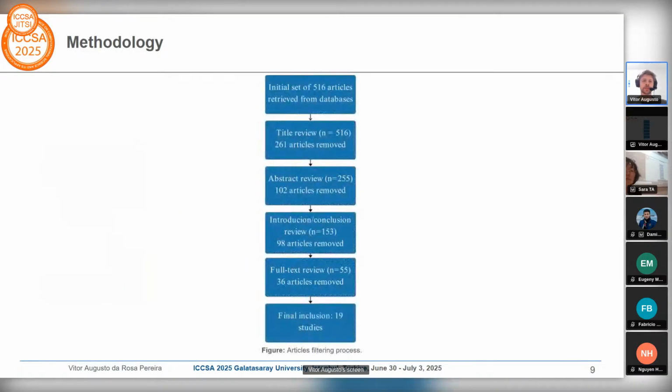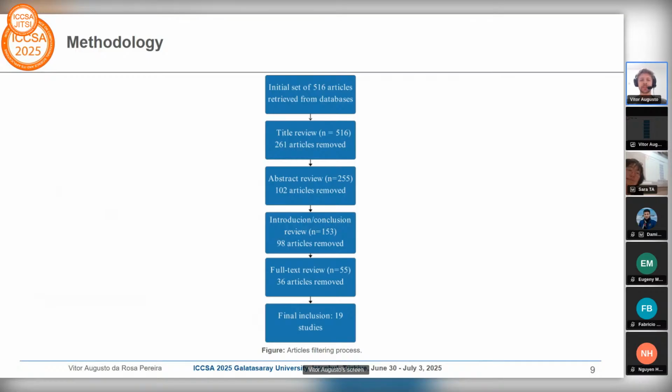So about the filtering process we did, we got an initial set of 516 articles, doing the searches on the databases and using the keywords. And then we filtered these articles. The first step was a title review, so we read the 516 titles and removed 261.